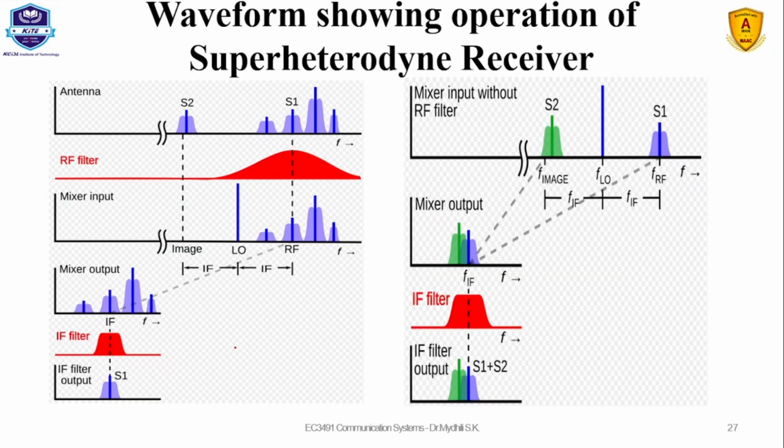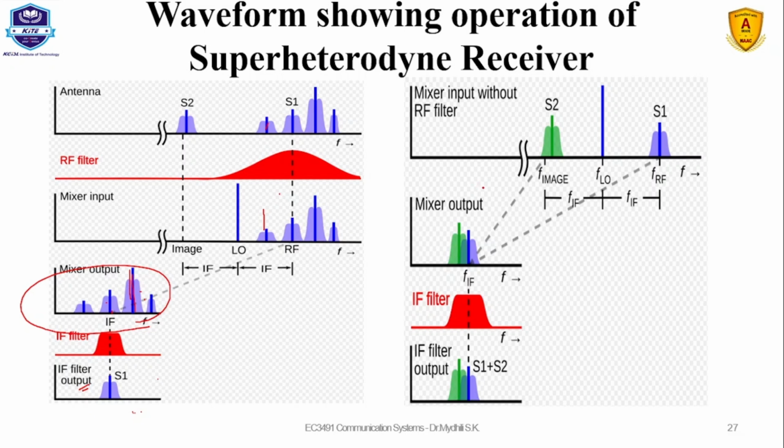This is the waveform you can see for the operation of the superheterodyne receiver, where these two signals are considered with respect to the RF filter. If it is the filtered output, when it is passed through the mixer input, you can see it is overlapped with this and produces the mixed output with respect to one frequency, which is an intermediate frequency around the common center frequency, and finally the filtered output will be the message signal that is being transmitted, that is the modulated output.